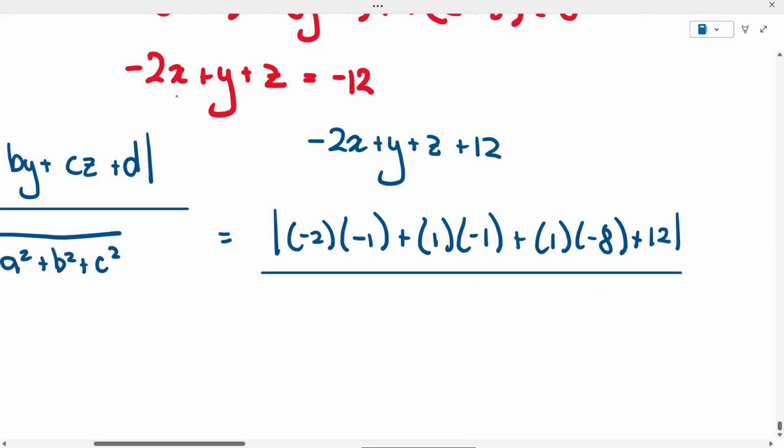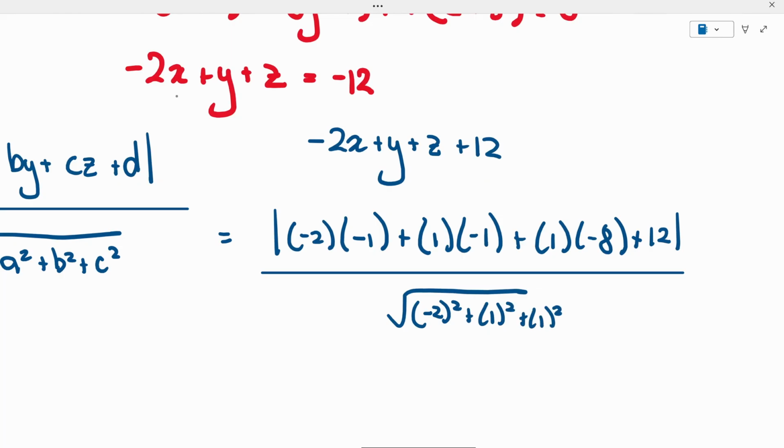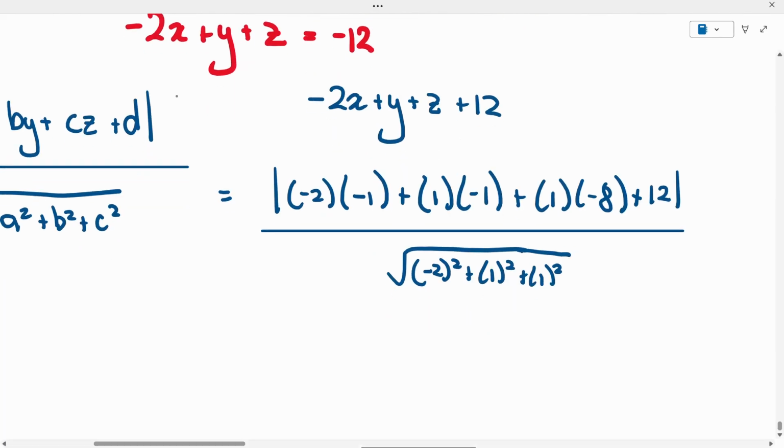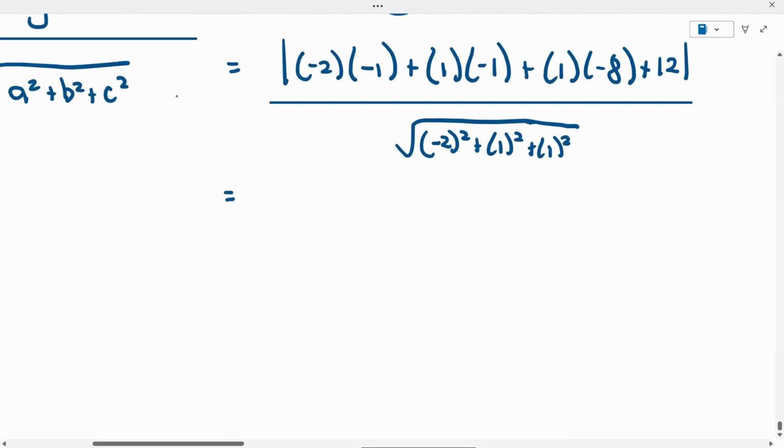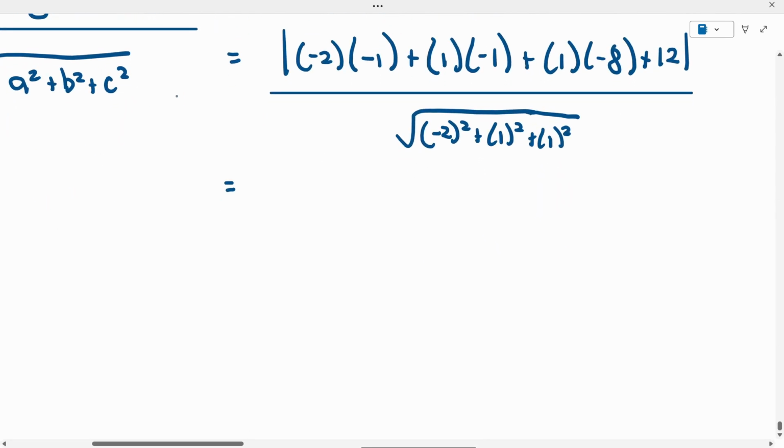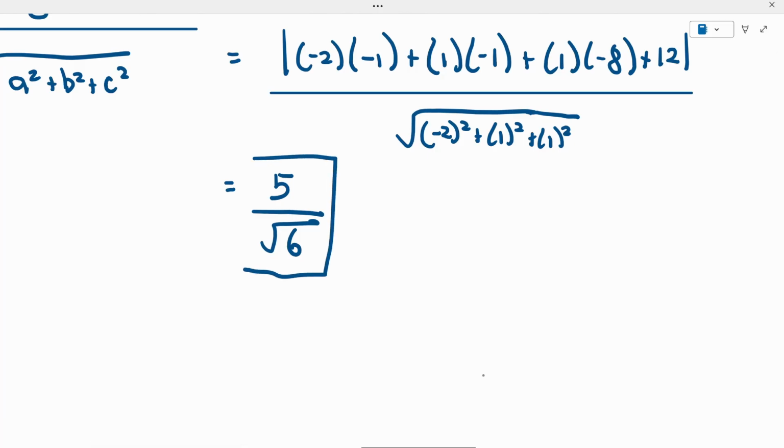That just came from the equation. Over the square root of minus 2 squared plus 1 squared plus 1 squared, right? So this will give us 2 minus 1 minus 8. So 2 minus 1 is 1, minus 8 is minus 7, plus 12 is 5. 4 plus 1 is 5, plus 1 is 6, so the square root of 6. And this is our distance between the planes.